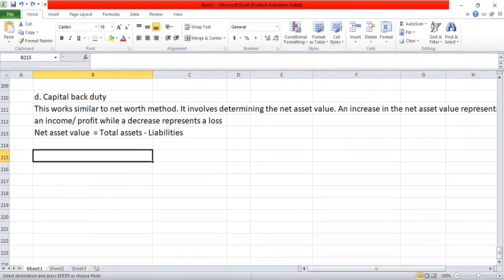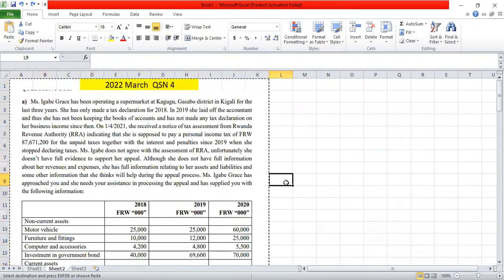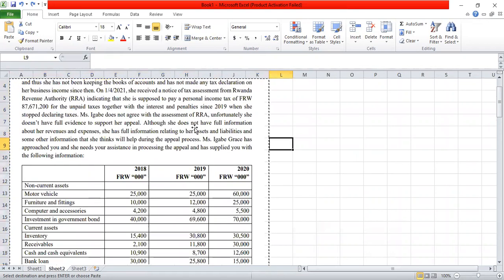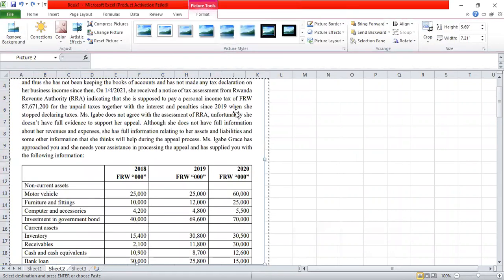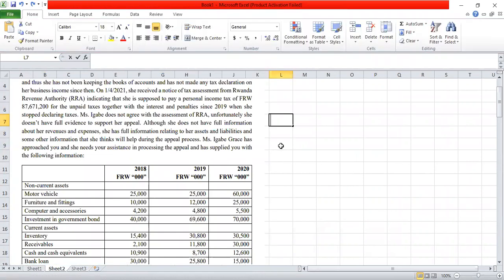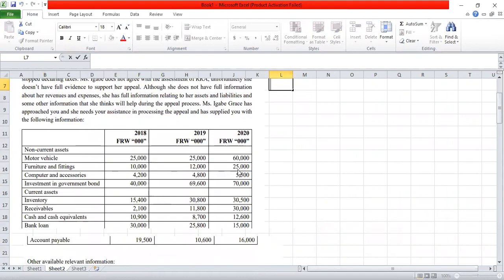Probably you can do the question here. I'm trying to copy it, but it is bringing different things. Let's do it here. You can always look at it. When I copy it, it brings different issues that I don't understand.